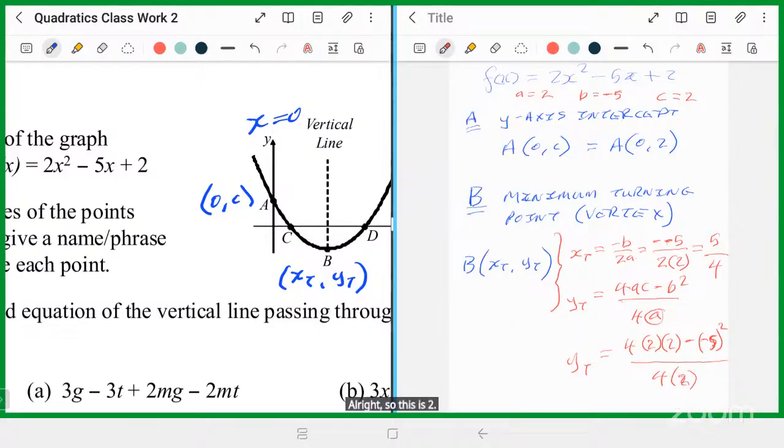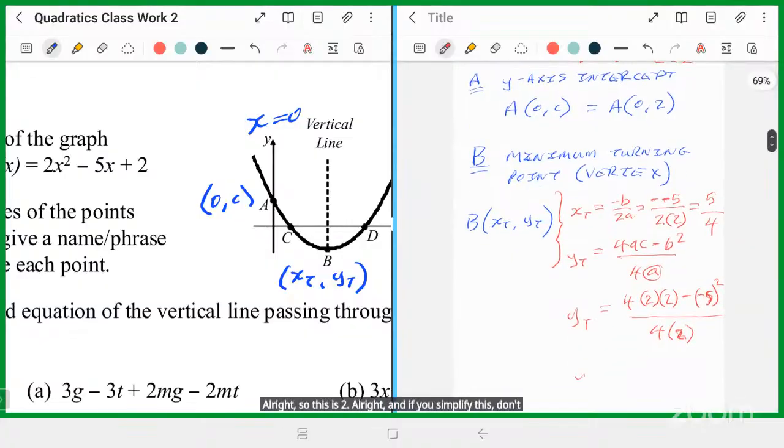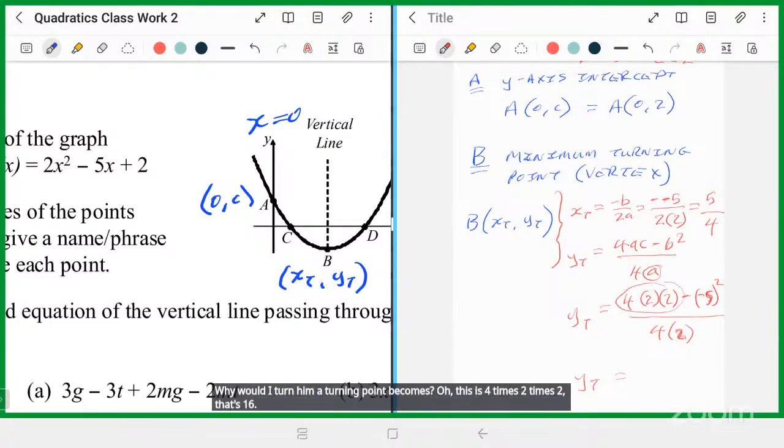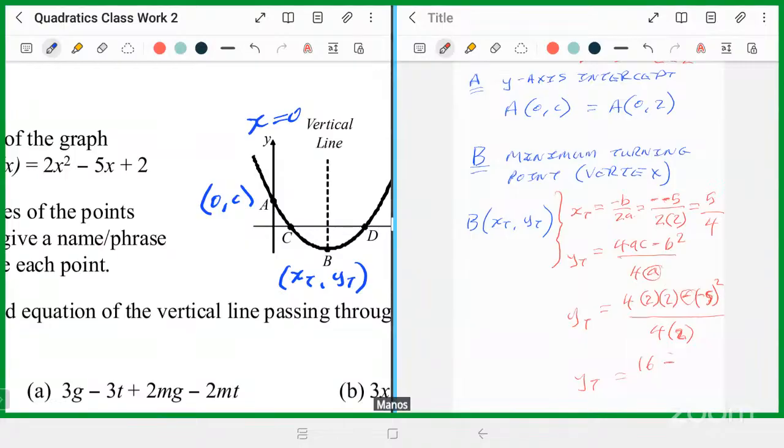Alright, and if you simplify this down, you're careful with your signs. Y value at the turning point becomes, now this is 4 times 2 times 2, that's 16. Minus, that's this minus I've written down first. Then this negative 5 squared becomes a 25, it becomes a positive 25. When you square any number, it comes out positive. So this becomes a 25.